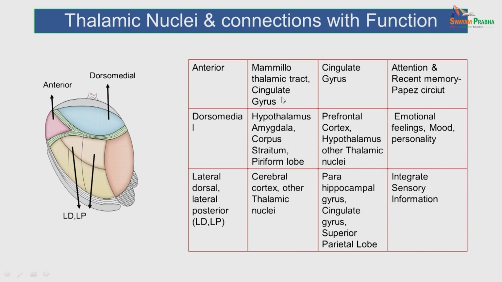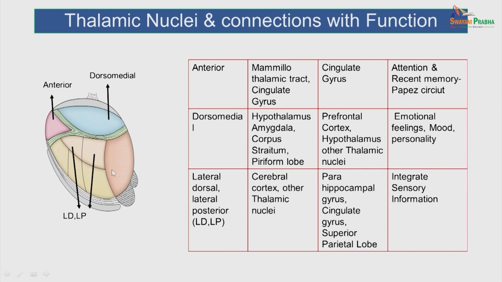It sends efferents to the mammillary body of the hypothalamus and to the cingulate gyrus in the cerebral cortex. It receives afferents from the cingulate gyrus. The main function of this anterior nucleus is attention and recent memory, and it is a part of the Papez circuit.